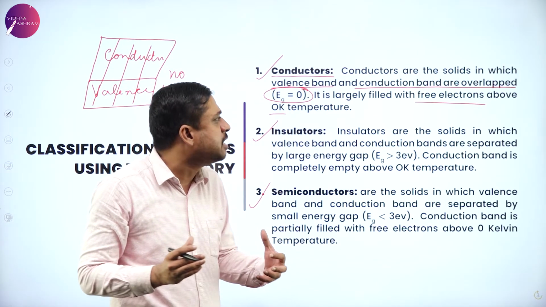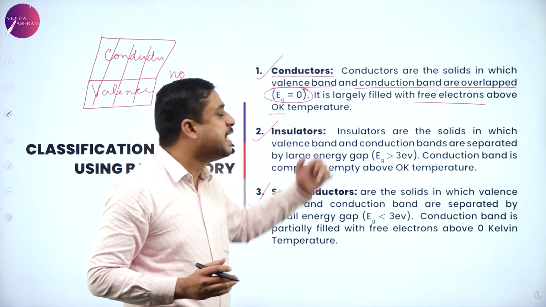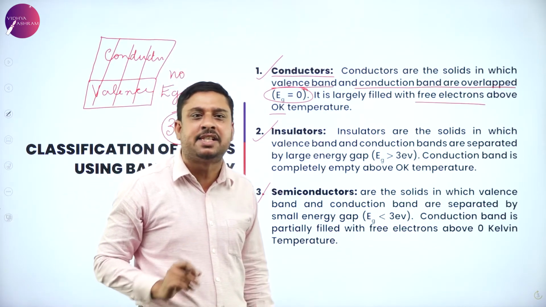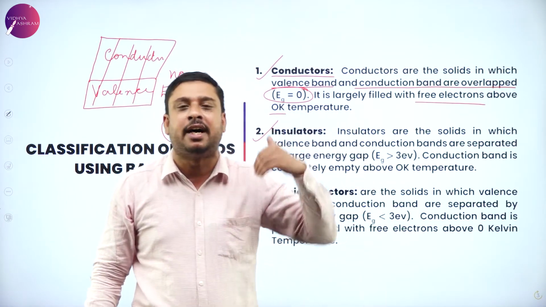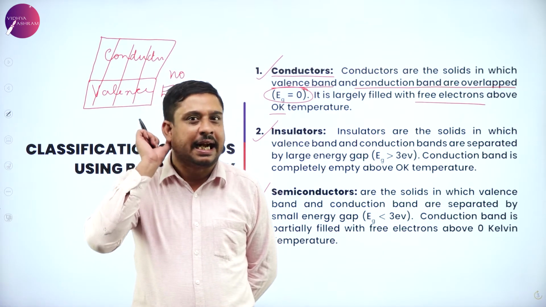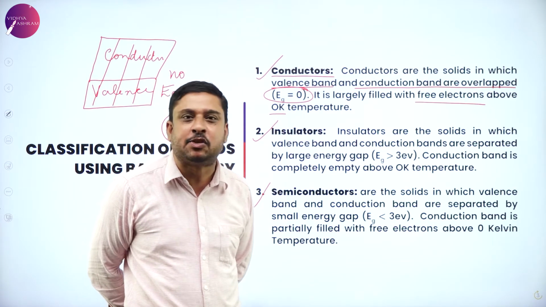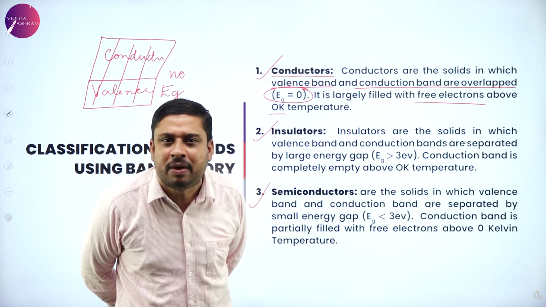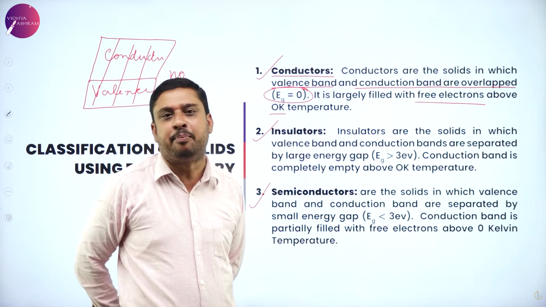So conductors are largely filled with free electrons above 0 Kelvin temperature. What is important here is, when I try to understand a conductor, both the bands overlap. The conduction band is overlapping the valence band. No existence of energy gap. Abundance of free electrons at normal temperature.